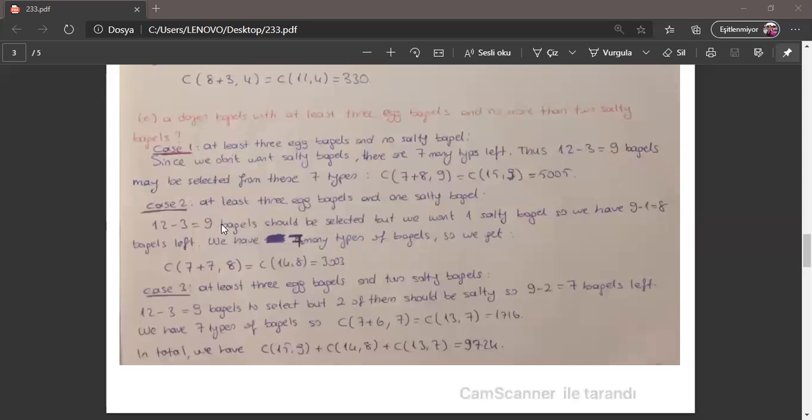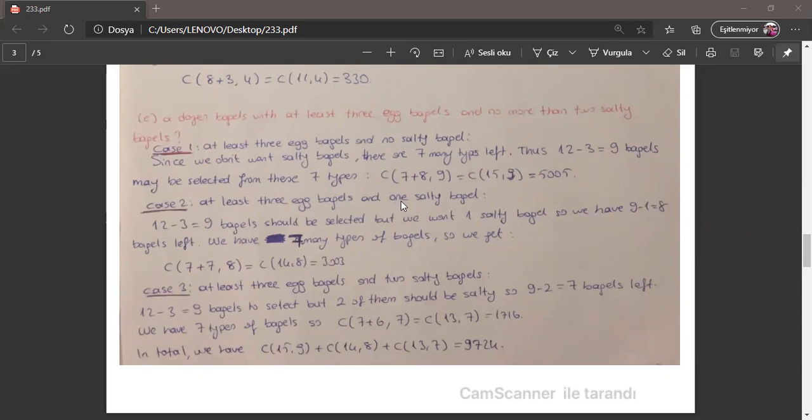What about this case? Now again, at least 3 egg bagels. We have again 9 bagels left because 3 of them will be egg bagels and 1 salty bagel. So one of them, okay, as in here, will be salty. So we have 8 bagels now. But these 8 bagels cannot be salty.